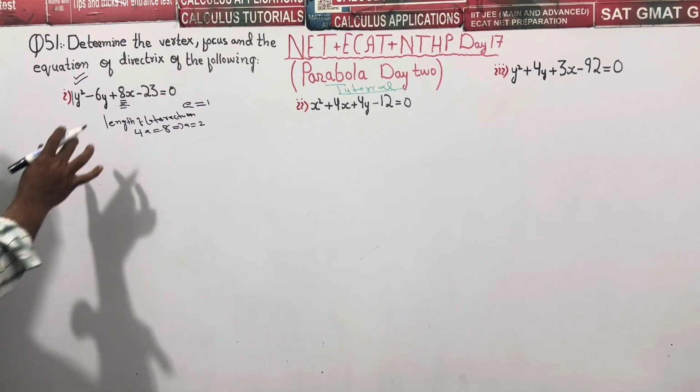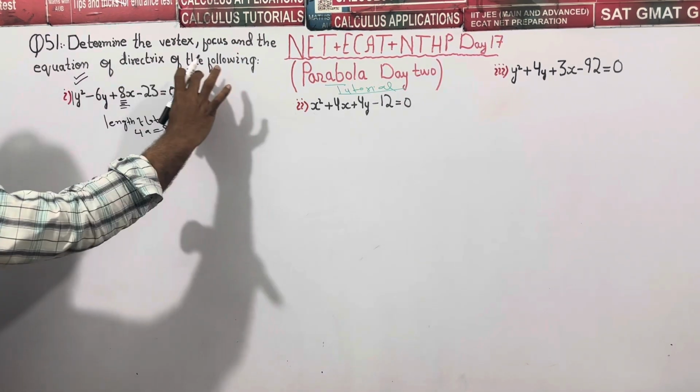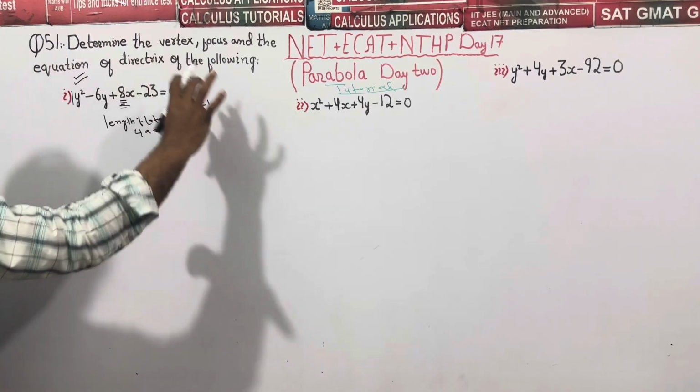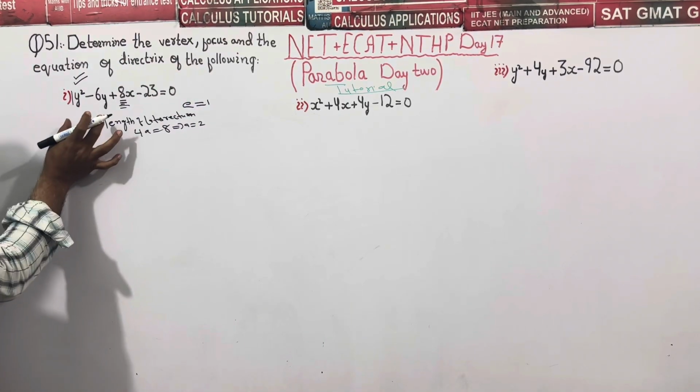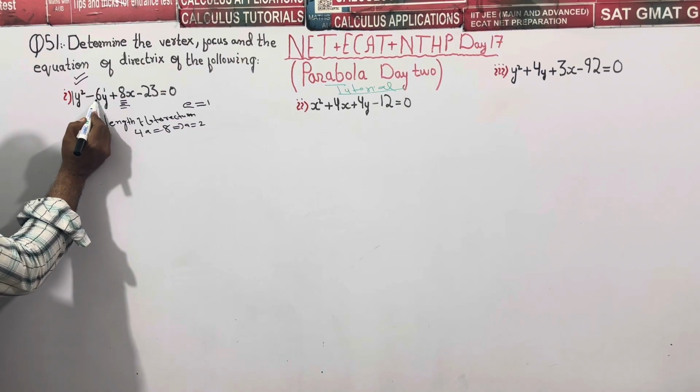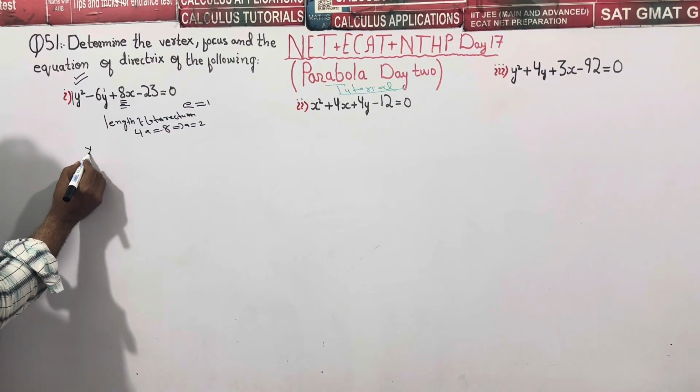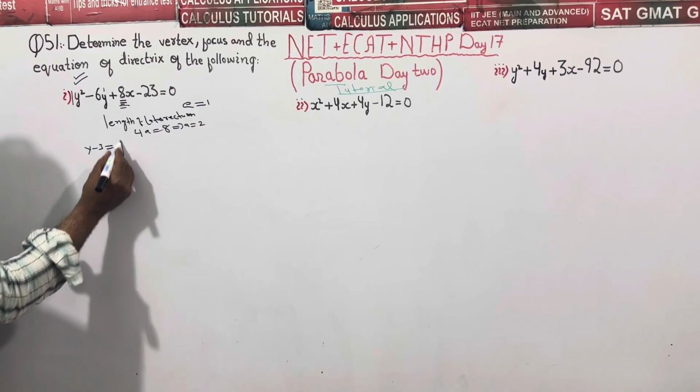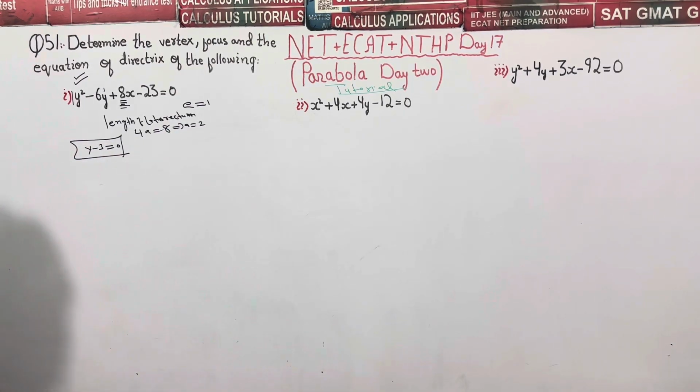Number 2, we can also arrive directly at the line of symmetry, or axis of the parabola. With y square, take the coefficient of y and divide by 2. So y minus 3 is our line of symmetry in that case.